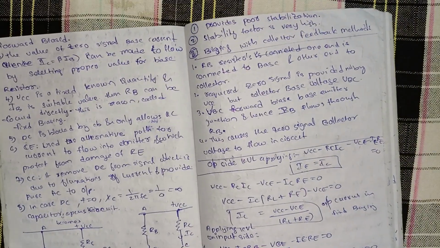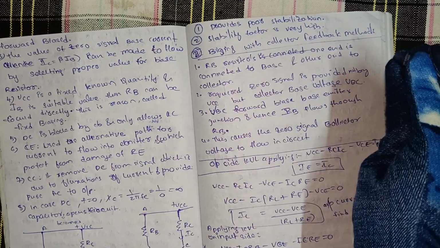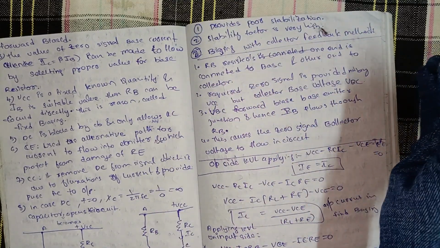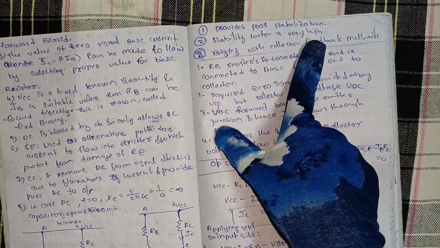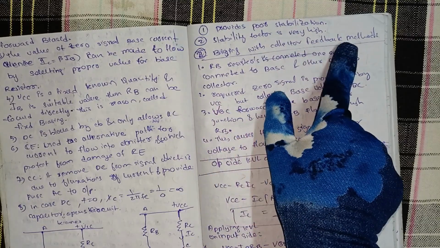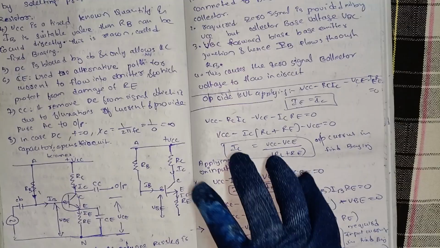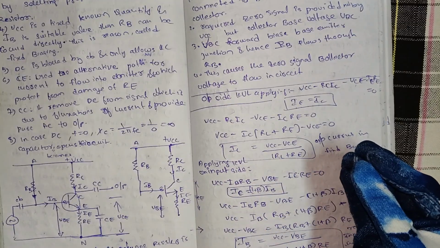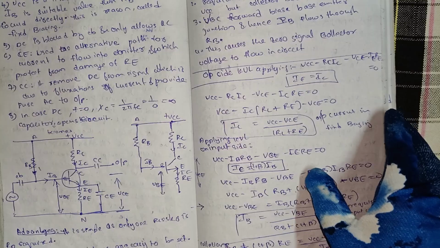Disadvantages are that it provides poor stabilization, meaning the perfection of output is very poor, and the stability factor is very low. Before this, we have to find IB current, IC current and RB also.